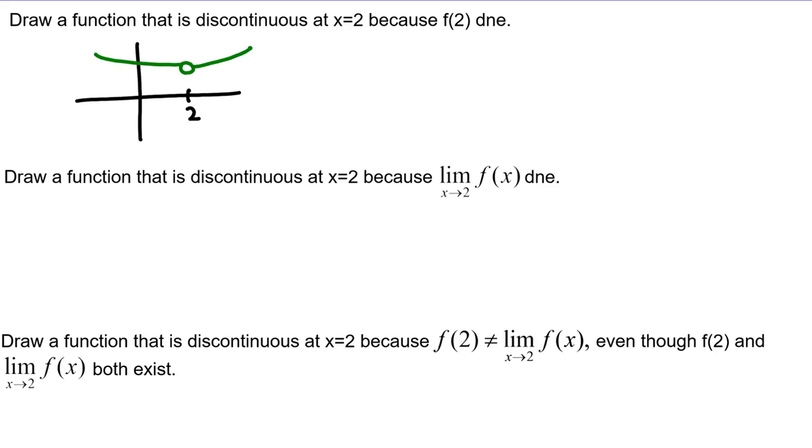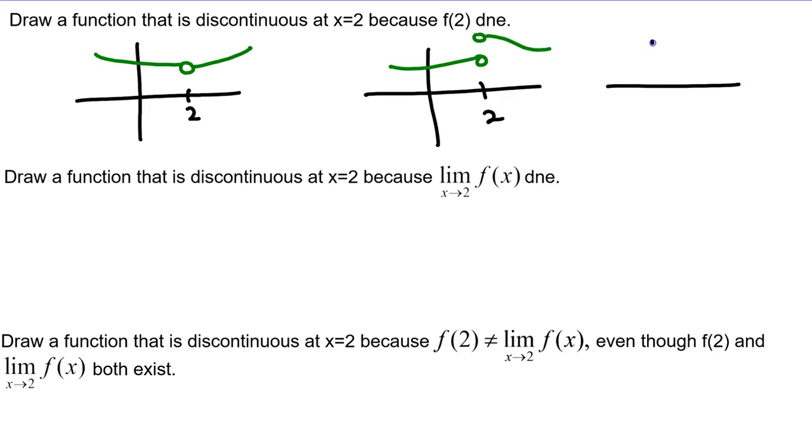Or you could draw something where you have a jump discontinuity with no filled-in circle. Or you could draw something where you have a vertical asymptote and the function's undefined at 2. You have lots of possibilities.